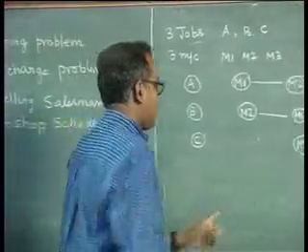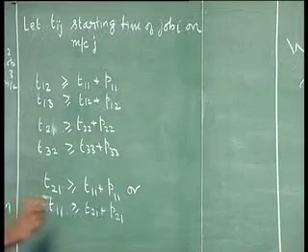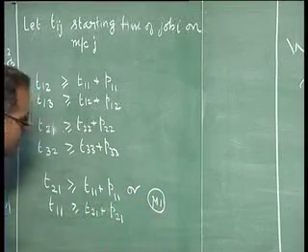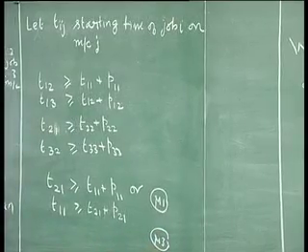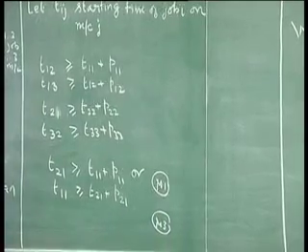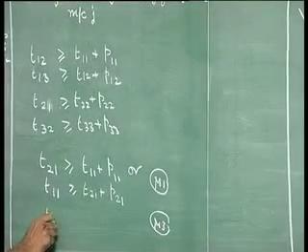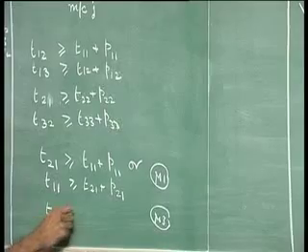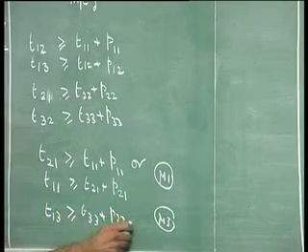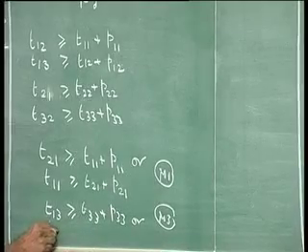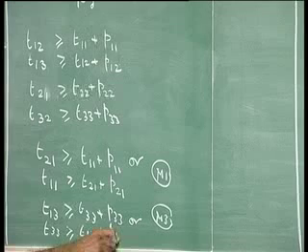Now, similarly, if you take M3, it is either A and C. So, this is for M1. Now, for M3 you will get a similar either or constraint. M3 has A and C. So, you will have either T13 is greater than or equal to T33 plus P33, or T33 is greater than or equal to T13 plus P13.